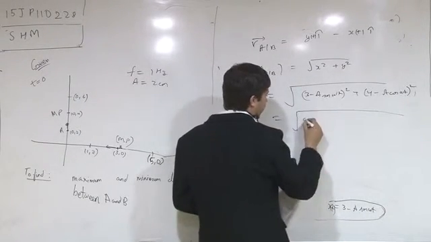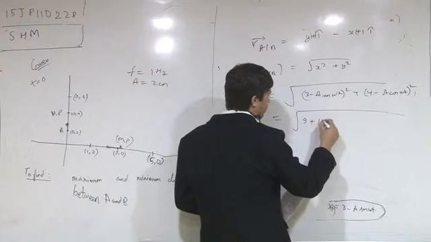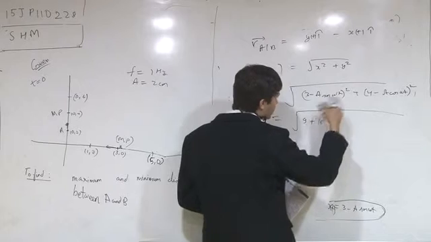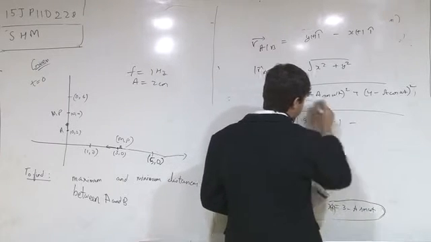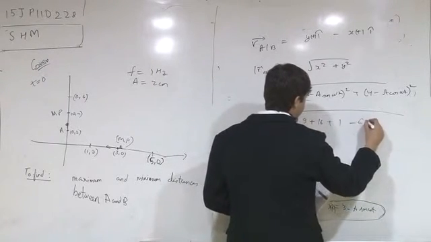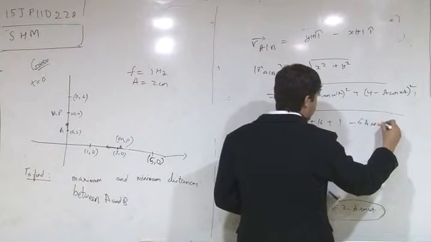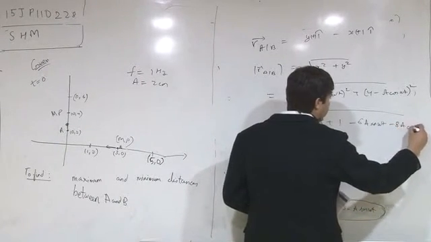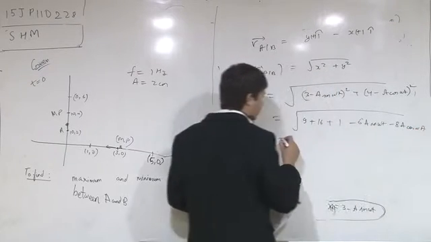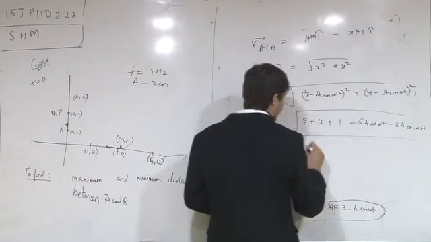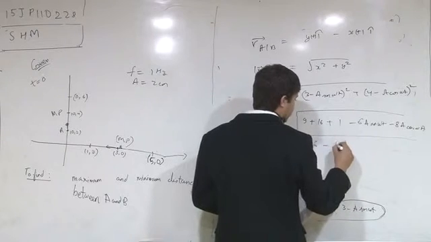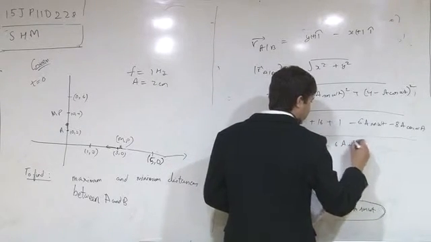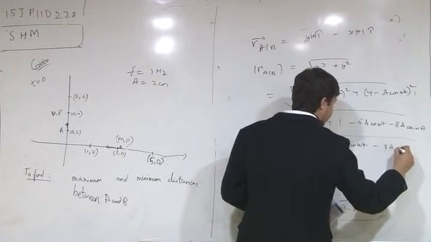So this is 9 plus 16, and a sin square omega t plus a cos square omega t becomes 1 times a square. So the expression becomes 9 plus 16 plus a square, minus 6a sin omega t minus 8a cos omega t. On solving you will get this: 9 plus 16 is 25, plus 1 is 26, minus 6a sin omega t minus 8a cos omega t.